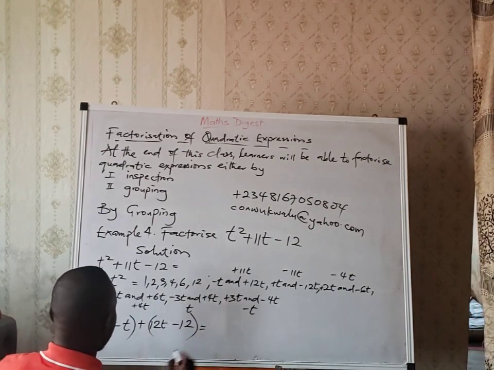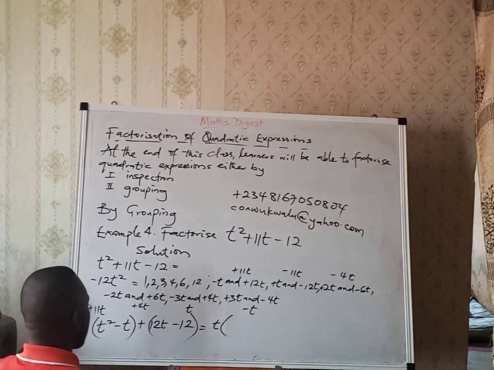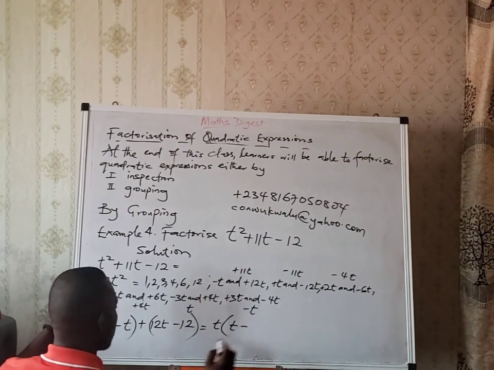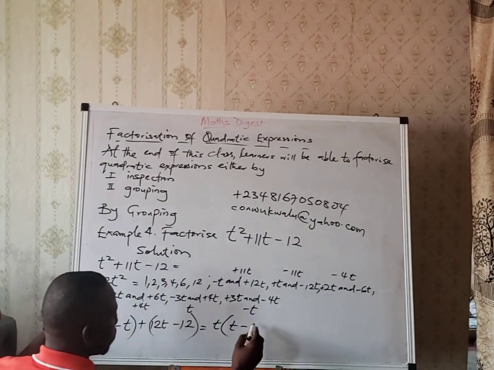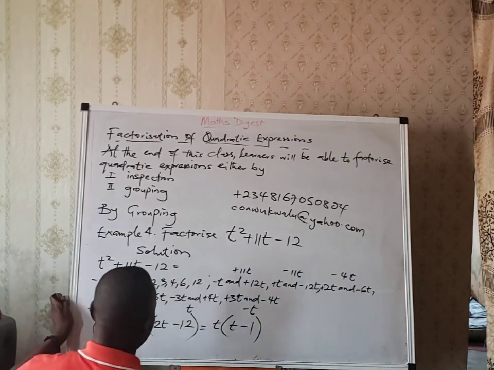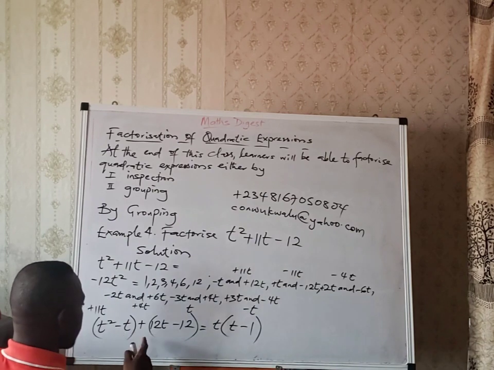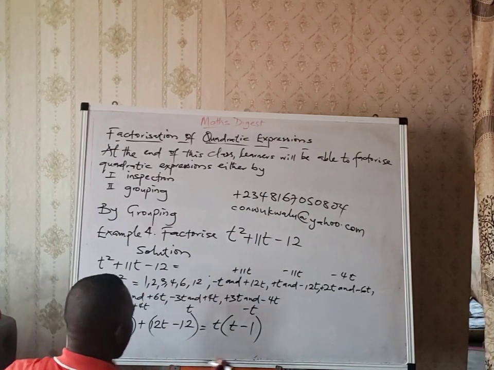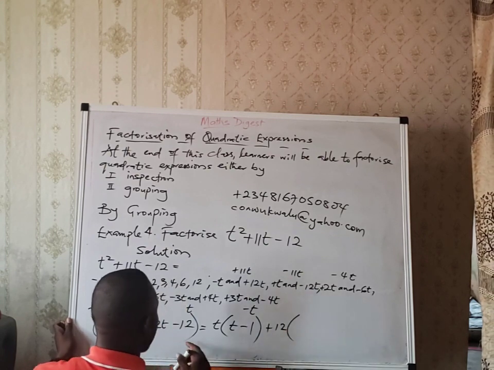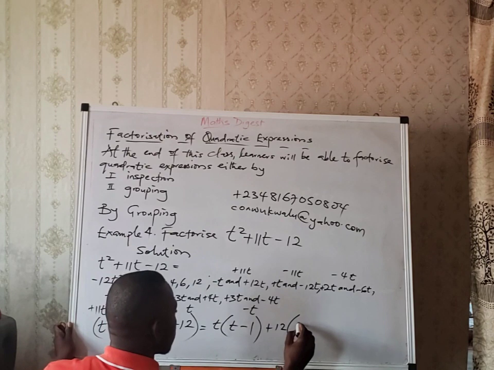Now grouping it down, what is common here? We have t, so we bring it out from the bracket. t into this one we have t, minus t into this one we have minus 1, because we cancel this, we have 1. Now we come to this side, what is common here? We have 12, so we have plus 12. Plus 12 divided by this, we have t.